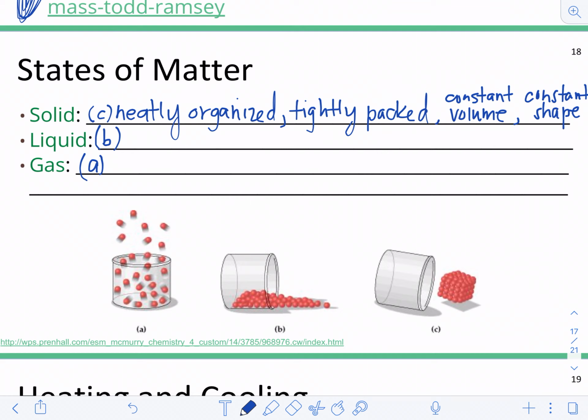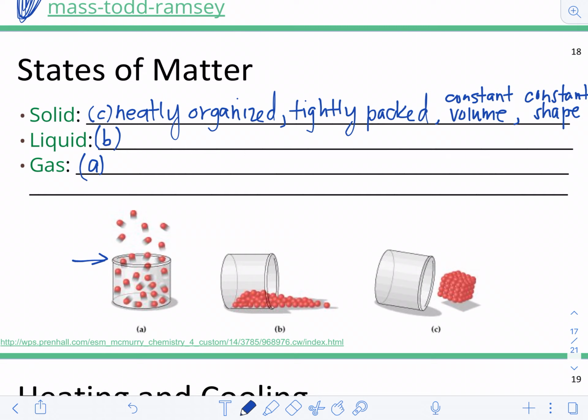So they're spaced out, moving super fast. In terms of volume and shape, not constant volume. Notice how this container had its lid taken off, so now the gas particles are taking up more space. They also don't have a constant shape. Similar to a liquid, they take the shape of whatever container they're in.